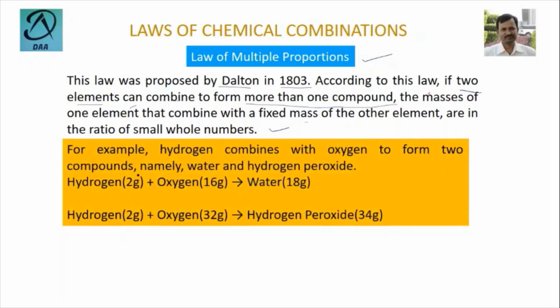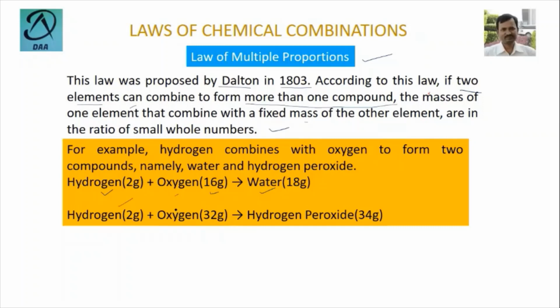In the example here, 2 grams of hydrogen react with 16 grams of oxygen to produce 18 grams of water. And the same elements produce another compound, the example being hydrogen peroxide. First case is water, second case is hydrogen peroxide.